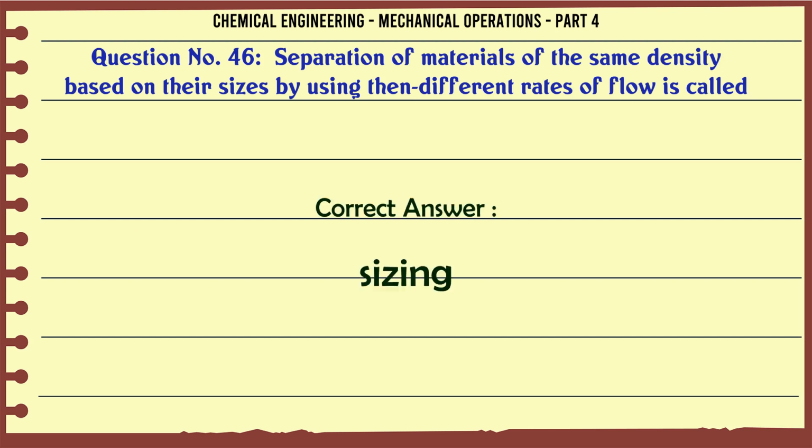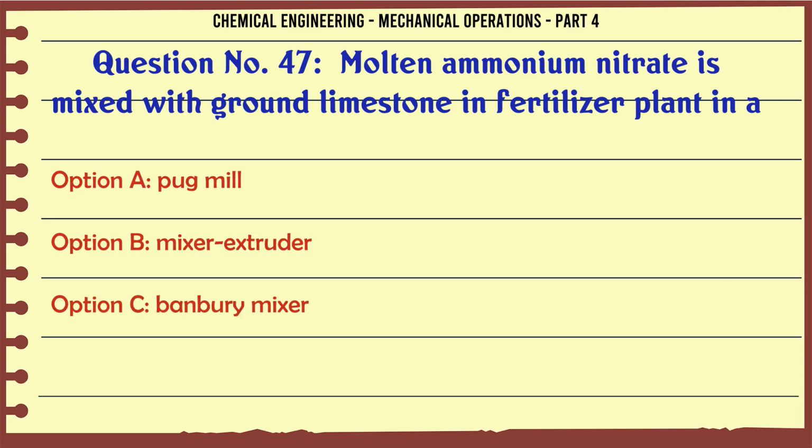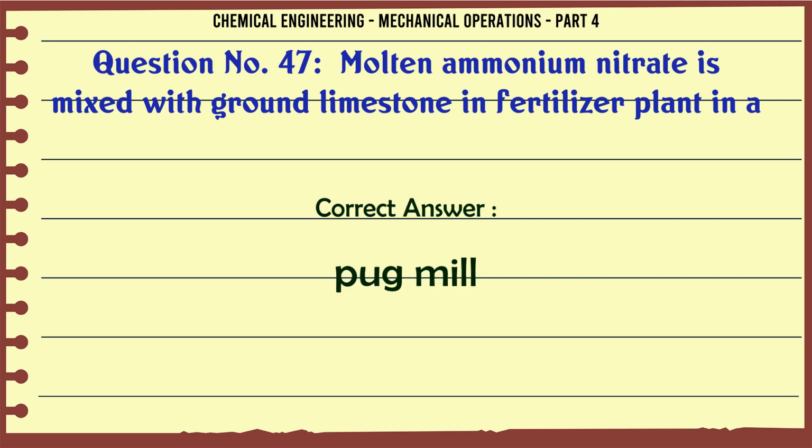The correct answer is sizing. Molten ammonium nitrate is mixed with ground limestone in fertilizer plant in A. pug mill, B. mixer extruder, C. Banbury mixer, D. Muller mixer. The correct answer is pug mill.